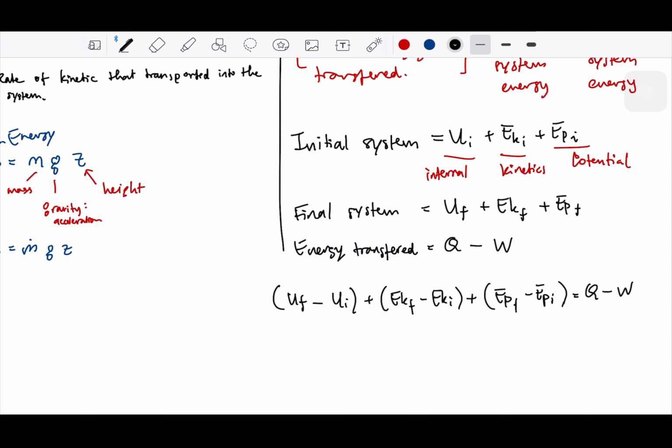This Q minus W actually signifies the positive and negative terms we agreed on in the first slides before.